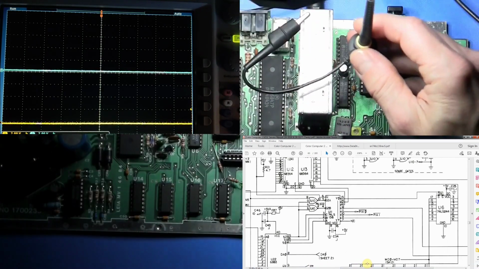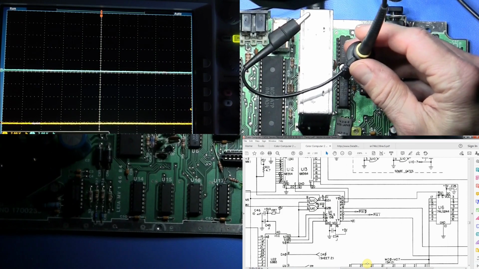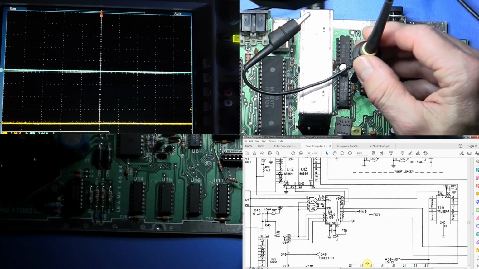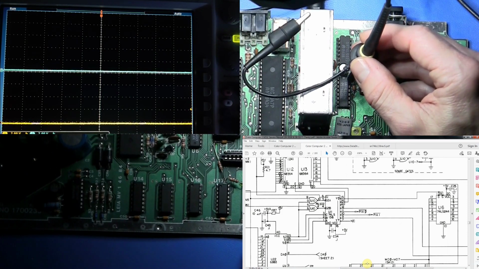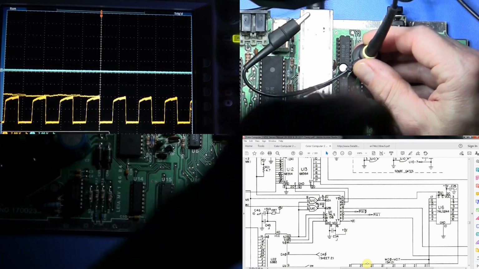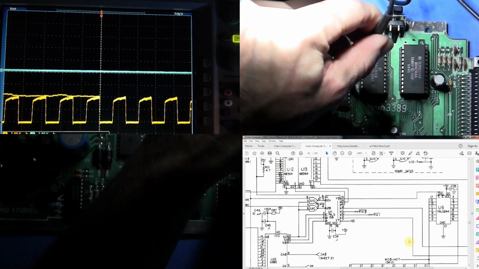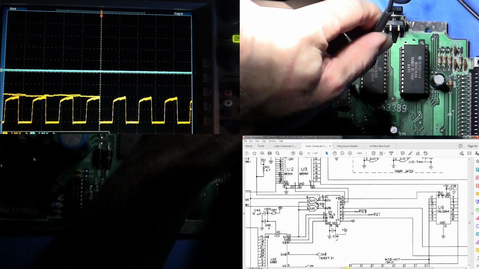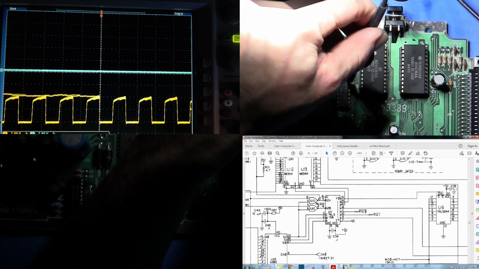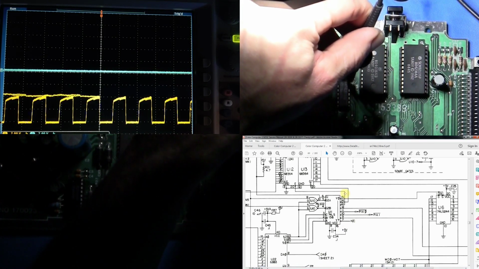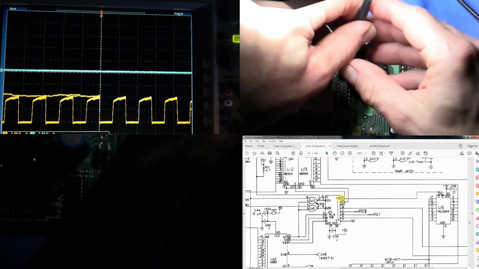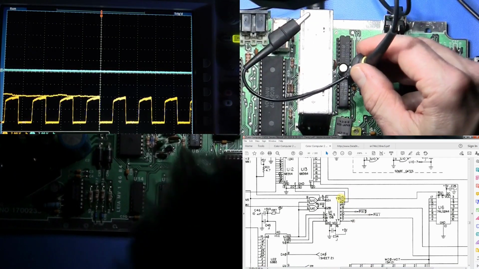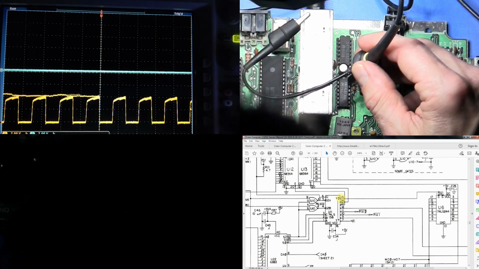We know the read signal is active, so we should be seeing some occasions when pin 15, Y0 goes low. Okay, we're looking at pin 15, Y0. Okay, we have activity there, so we are selecting the RAM buffer.